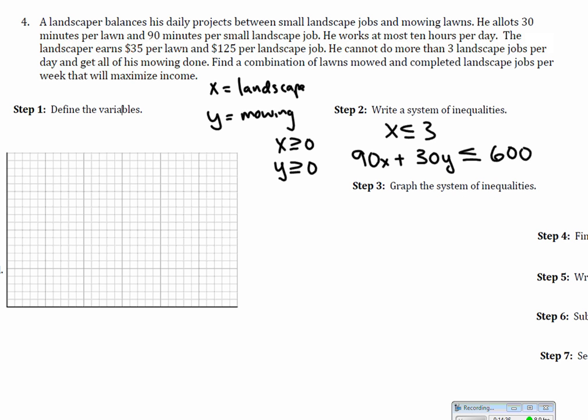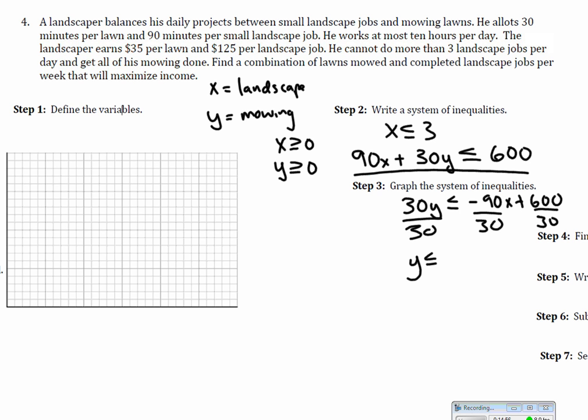So let's graph this. Let me clean this one up a little bit. So 30y less than or equal to negative 90x plus 600. So y less than or equal to negative 3x plus 20.